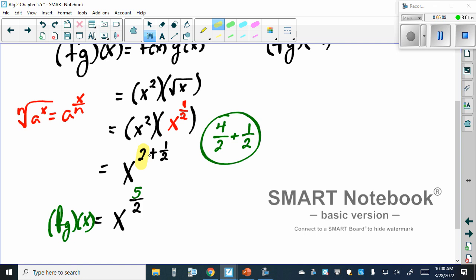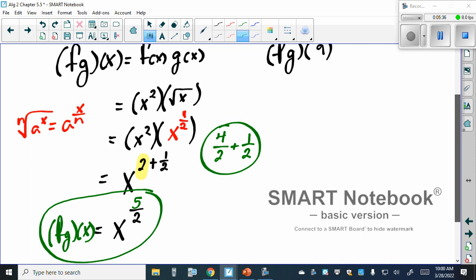The graphing calculators may turn it into a decimal, which would have been 2.5. But if we go math, fraction, enter, it'll convert it back over. Also, the TI-30XS, the yellow calculators, can do that a little bit quicker. But either way, this here is our answer.